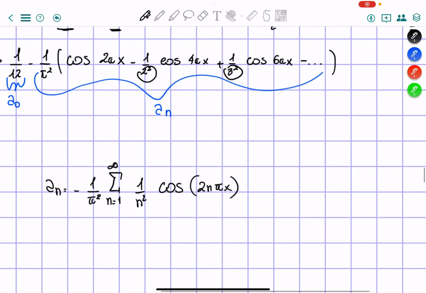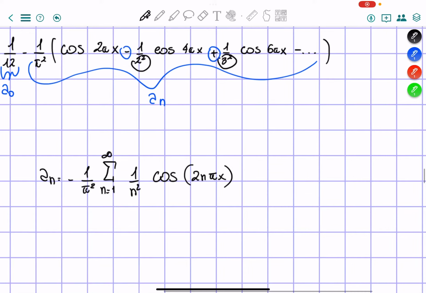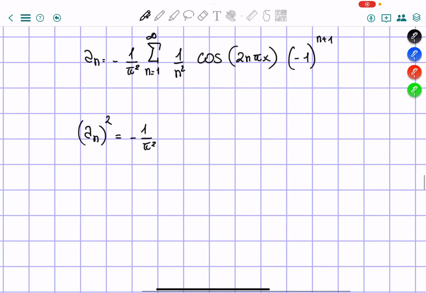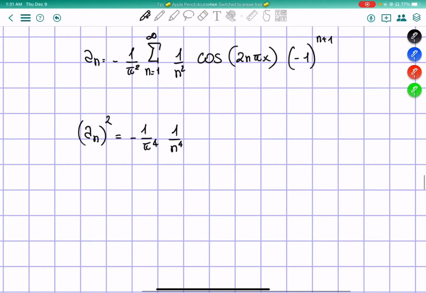And then, since we see that the sign changes every time, we have to do times -1 to the power of n plus 1. Okay. So then we find that a of n to the power of 2 is equal to 1 over pi squared. We can ignore the sum now and rewrite as 1 over n to the power of 4. Oh, sorry, the power of 4 again.